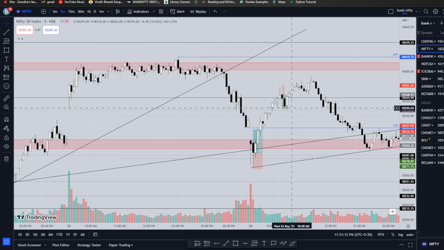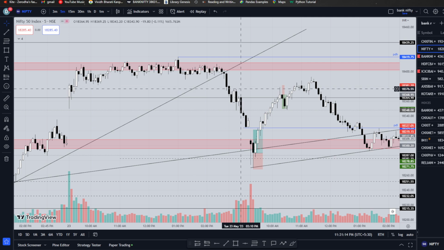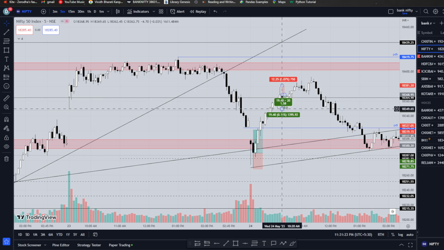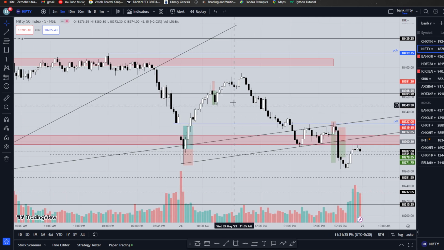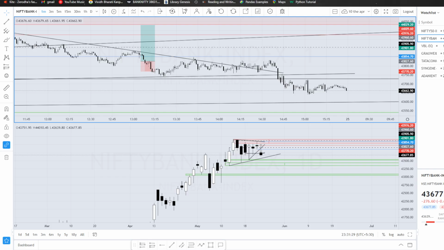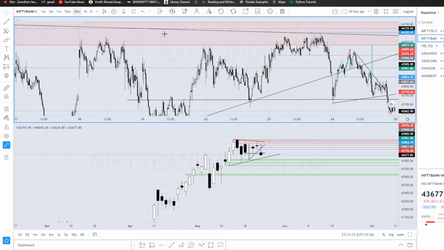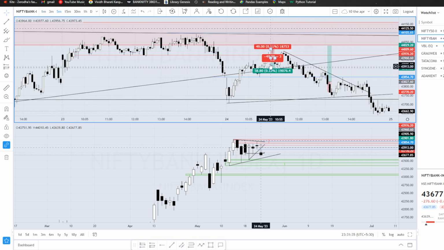My target was also nice because this was not a place where enough suppliers would come in and take the market down. Target was also fine.